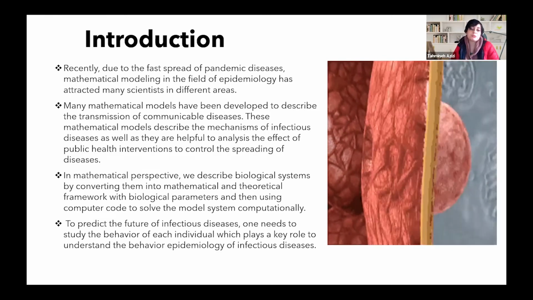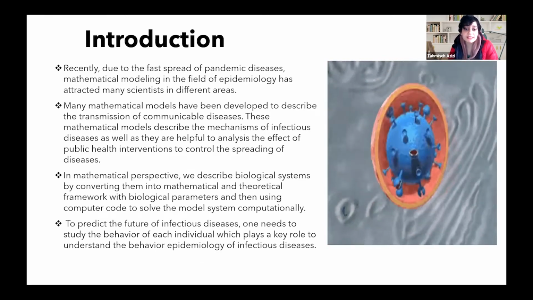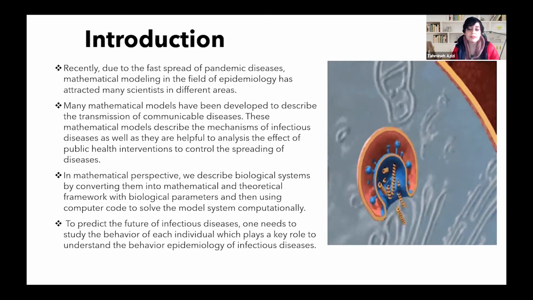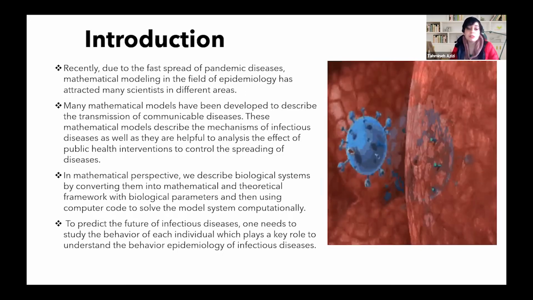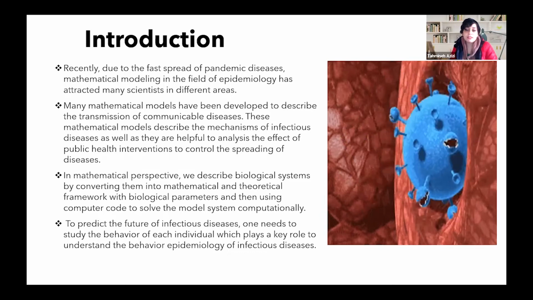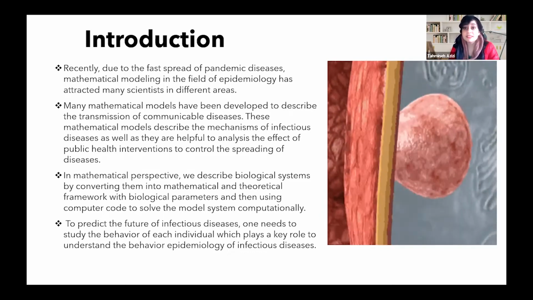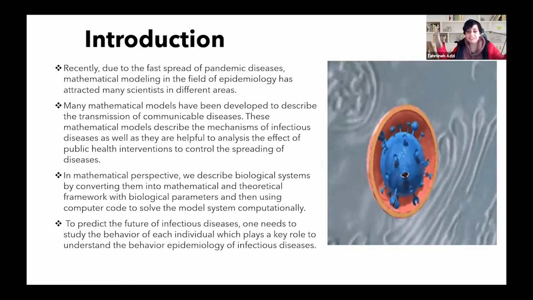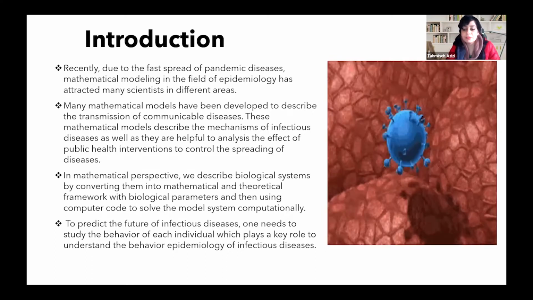For example, to predict the future of infectious disease, one needs to study the behavior of each individual, which is really important to understand the behavior of infectious disease overall. So we need to look at this.